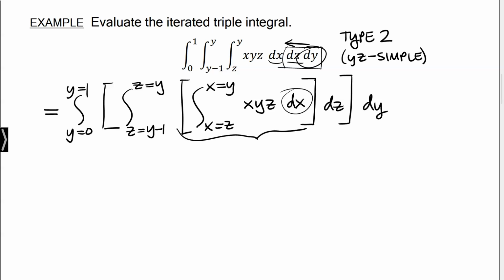We're integrating with respect to x. So this is going to integrate to x squared yz over 2. In fact, let me take that factor of a half out right now so we don't have to deal with it. I can take it all the way out since it's a constant. Okay, I still have all this stuff.